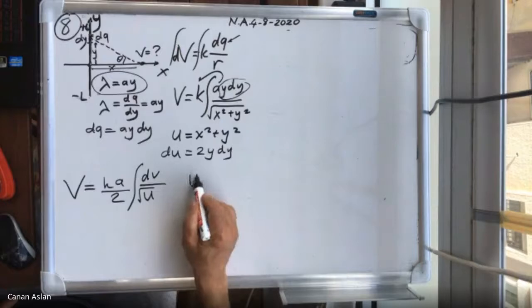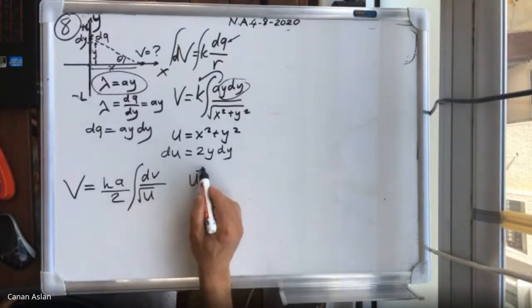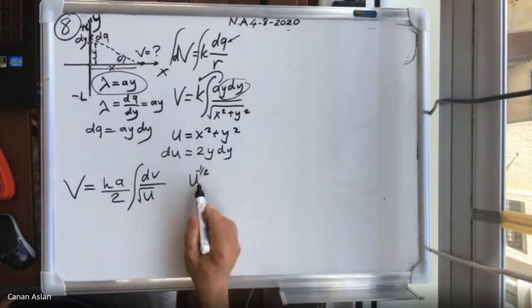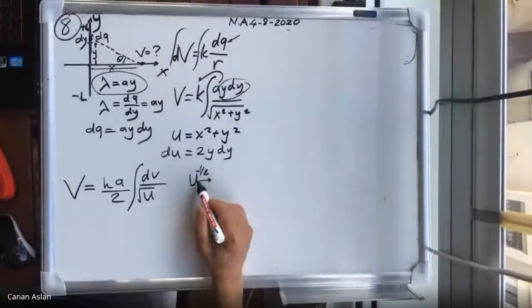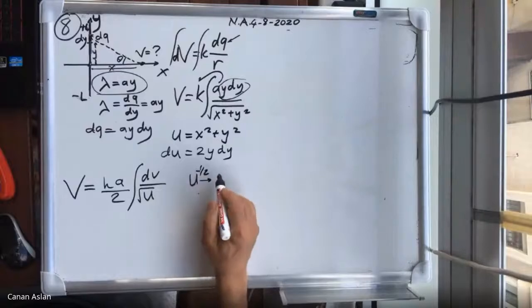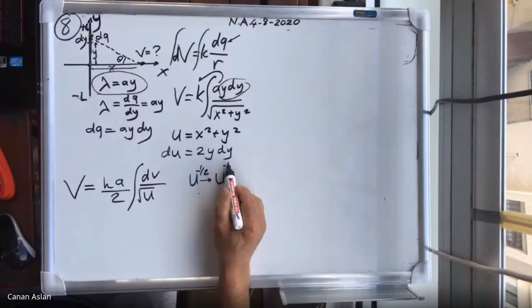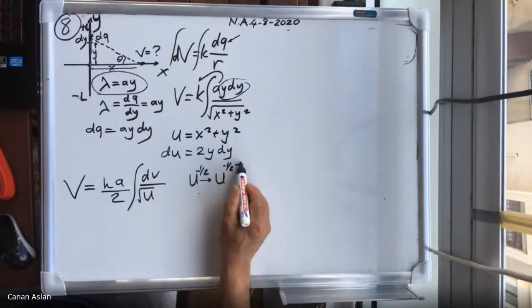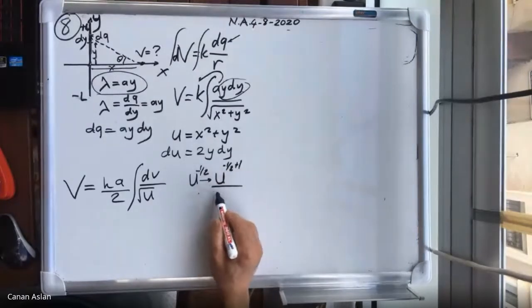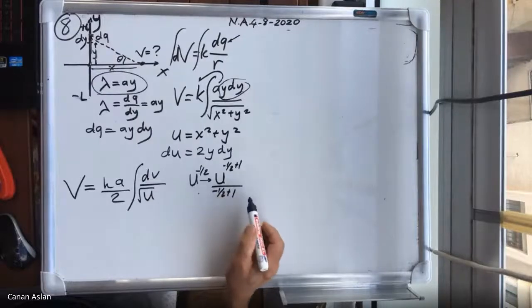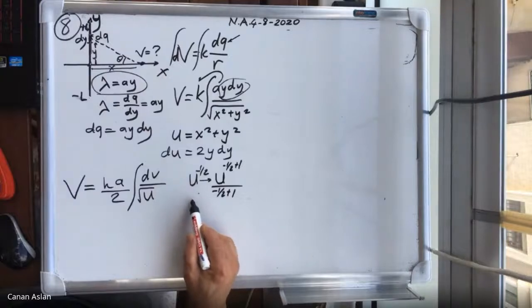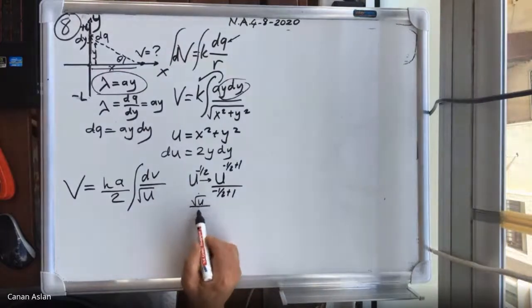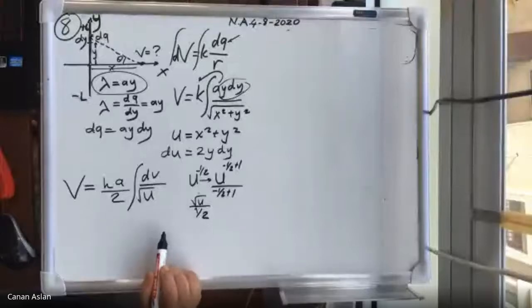The square root of u in the denominator means the exponent is minus 1 over 2. When you take the integral of this, you increase the exponent by 1, and write the new exponent in the denominator, so minus 1 over 2 plus 1 gives 1 over 2. So the result is the square root of u divided by 1 over 2.